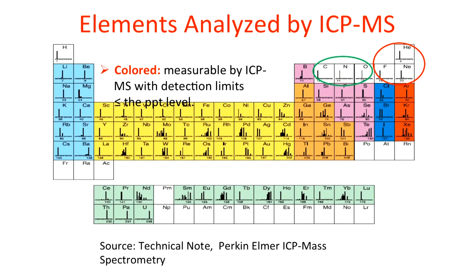Later on I will explain that the argon ion is the one that ionizes these elements. But the ionization energy of argon is around 15 electron volts. So anything higher than this, or a little bit near, you cannot measure with ICPMS.